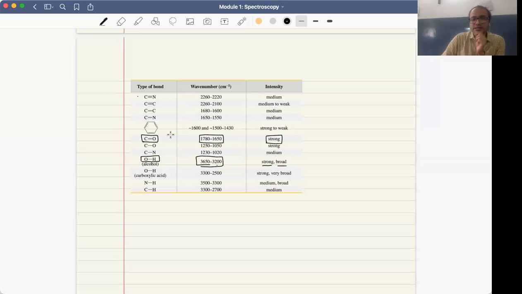So all of you, please write this table down in your notebook and make a table of it and stick it on your wall, so that you get familiarized with the different types of bonds and their regions in the functional group region of the infrared spectrum.